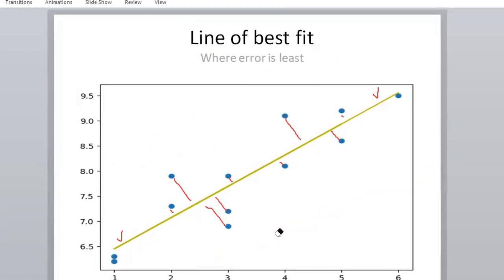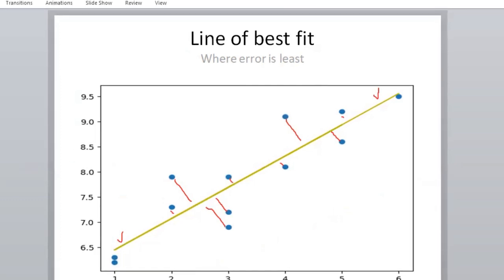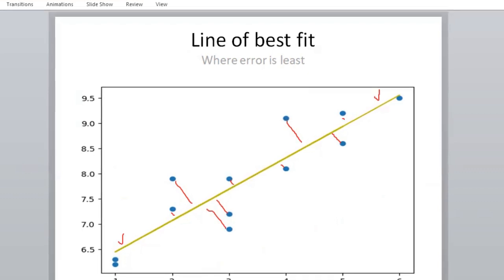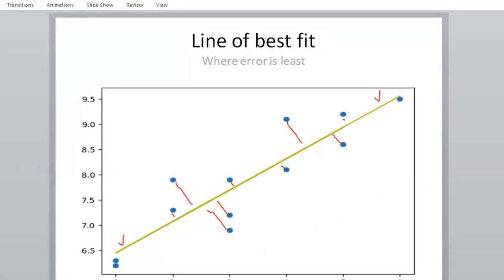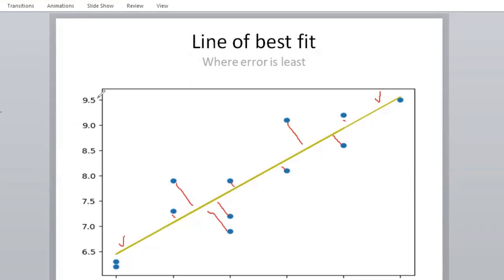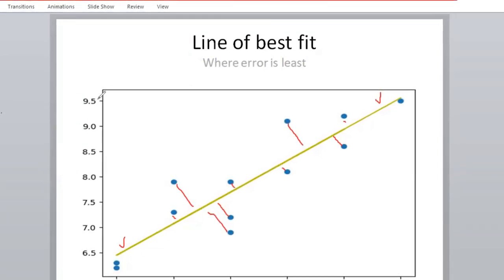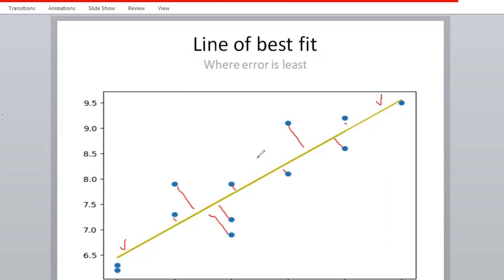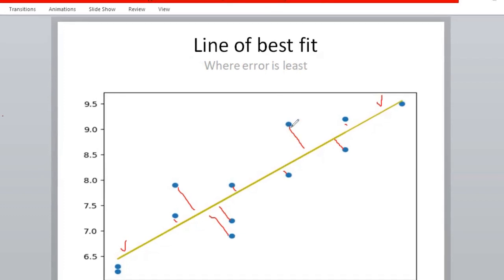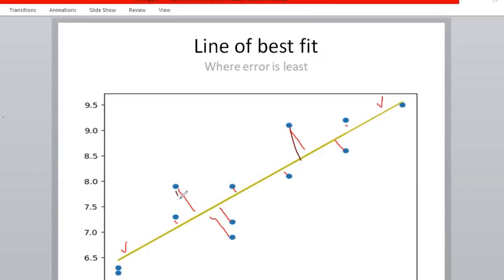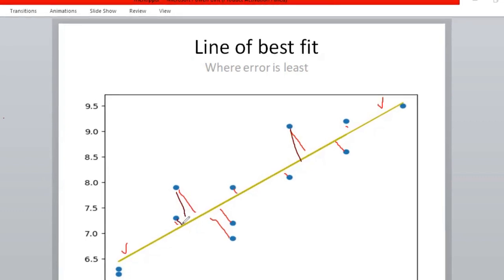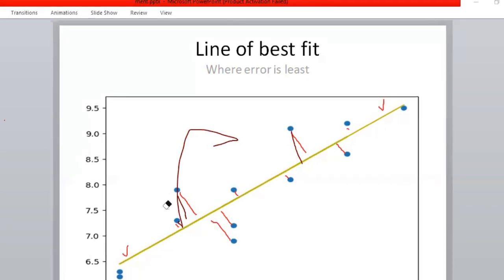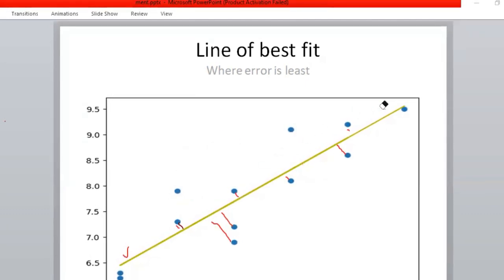Now, one thing to reiterate here is how the distances are calculated. Distances are calculated with the formula that was shown previously, which is basically the formula to calculate the distance from one point to another point. These are the straight lines I have drawn.